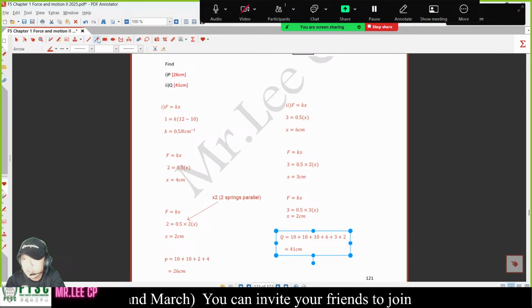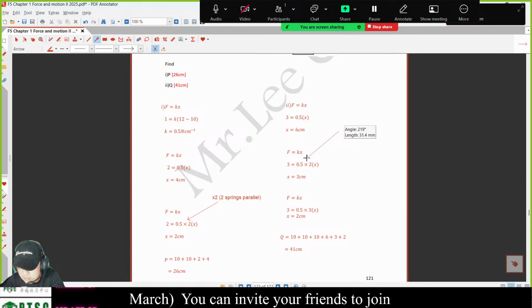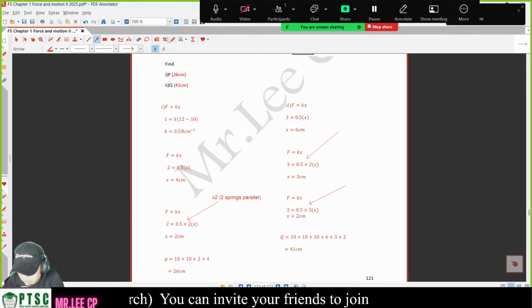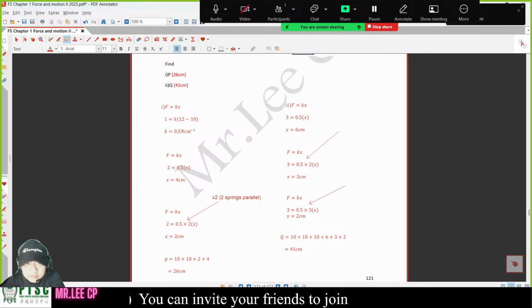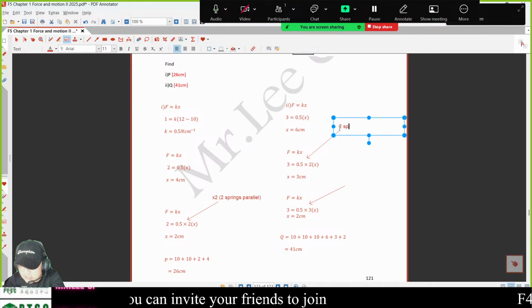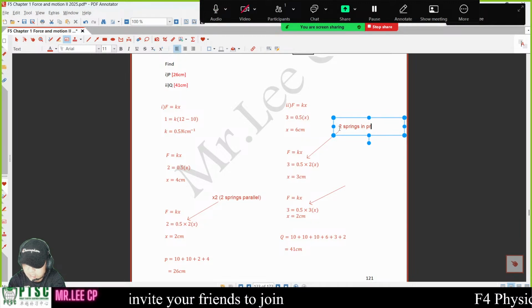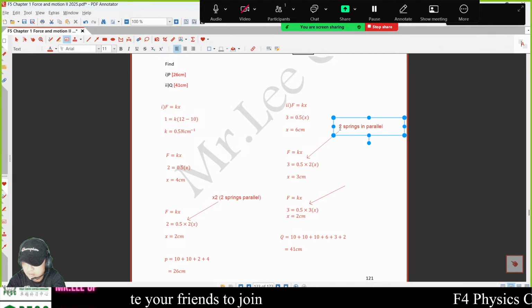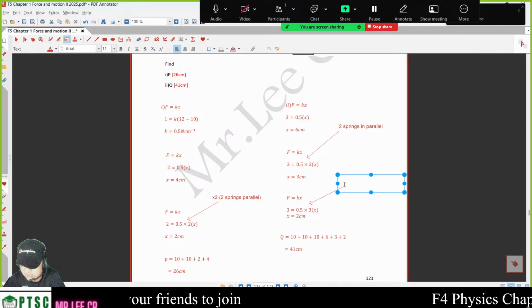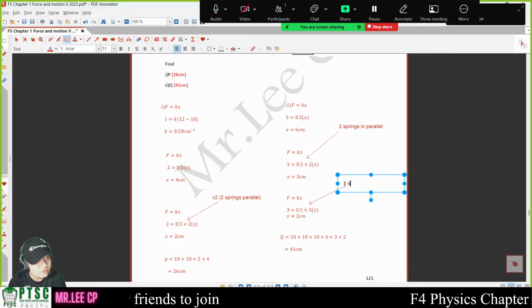So now here, you need to be very, very careful. Here it is 2 springs in parallel. How about this? This is 3 springs in parallel.